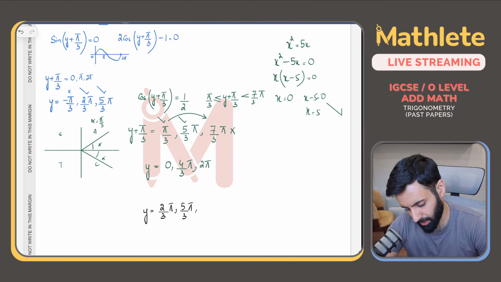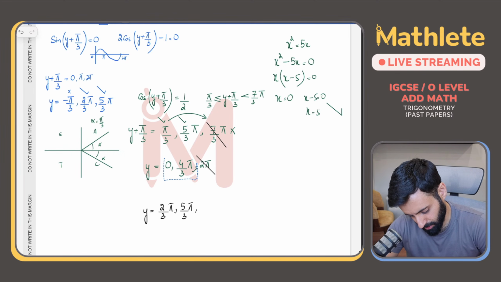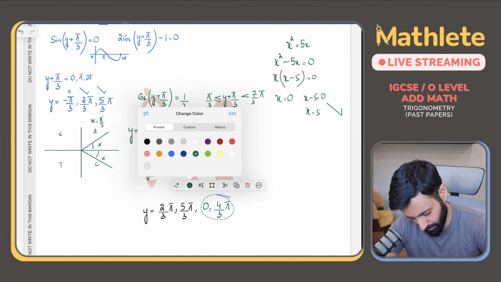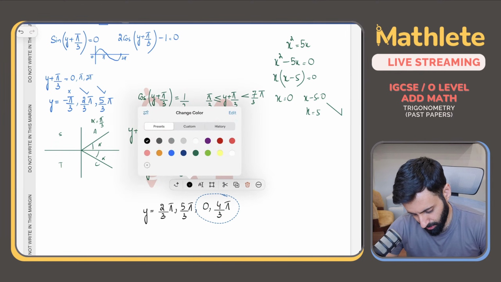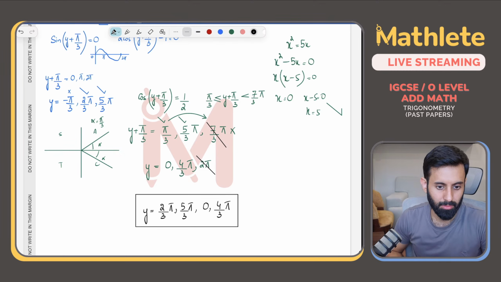We're not considering 7 upon 3 pi. So we have 4 answers. There you go. And then in the end, make a habit of drawing a box around your answer. There we go. Okay.